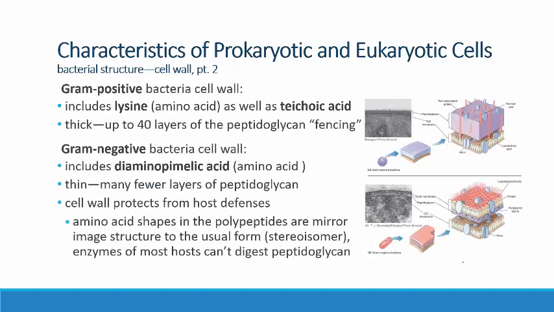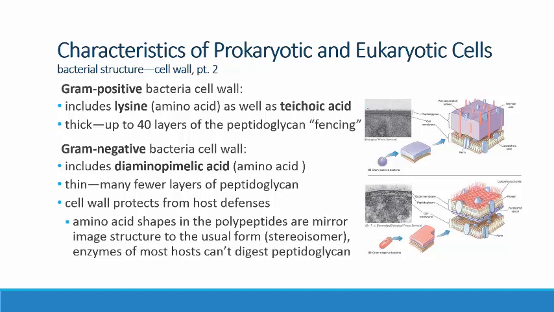So let's talk about the cell walls then in gram-positive and gram-negative cells. In gram-positive cells, we also find included in this massively thick layer of peptidoglycan the amino acid lysine and another acidic organic molecule called teichoic acid. And like we said, it is a very, very thick layer.